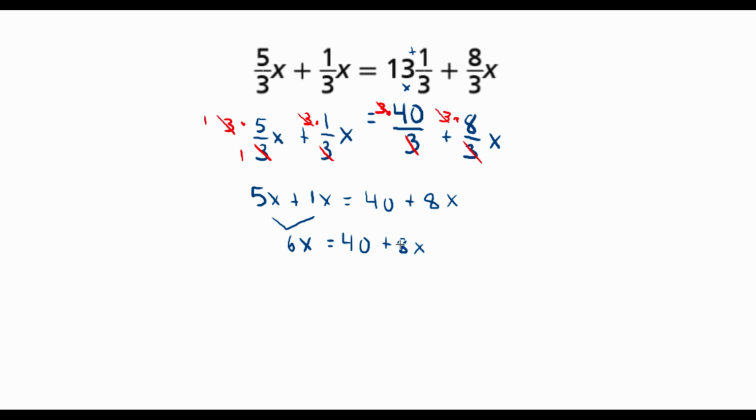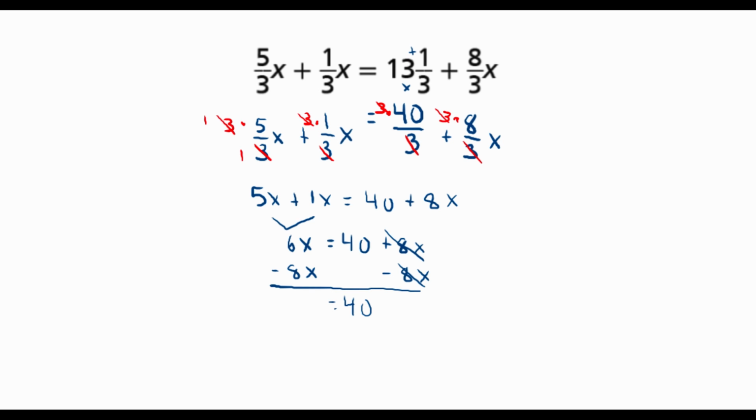And to do that, to move 8x to 6x, I got to do the additive inverse of addition. That would be subtraction. So I'm going to subtract 8x on both sides. Again, I'm using the balancing method here. Whatever you do to one side, you have to do to the other side. These two cross out, leaving me with just the 40.